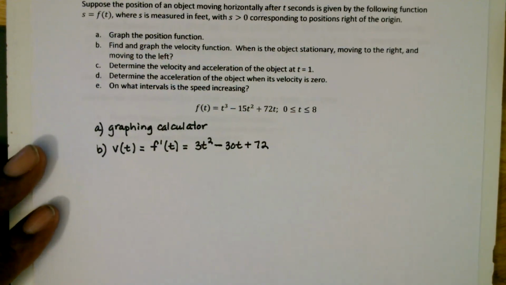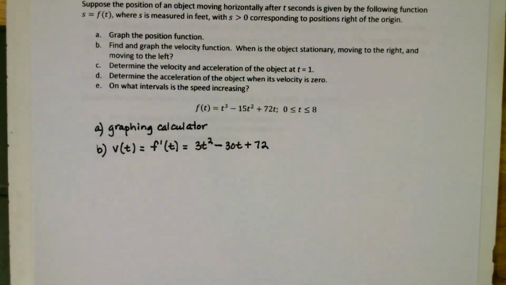And then we're going to ask ourselves, when is the object stationary? When is it moving to the right? And when is it moving to the left? All right, so here's what we're going to need to do.